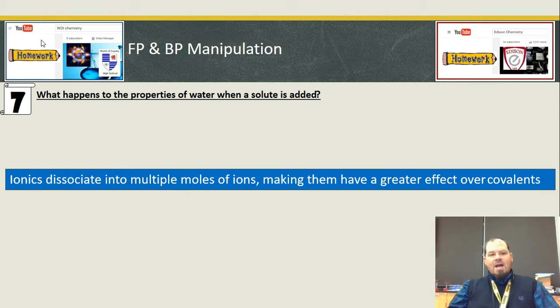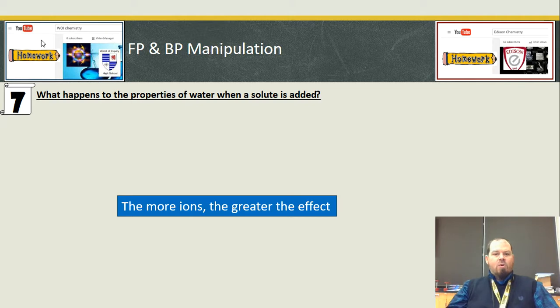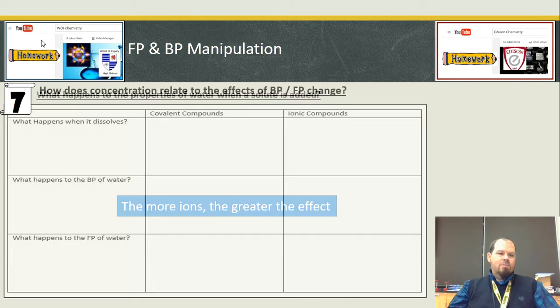But because the ionic will dissociate into two ions, I now have 2 moles of ions in solution. 2 moles of ions in solution is way more effective than 1 mole of molecules, simply because there is more. So ionics do a much better job. The more ions, the greater the effect. And so some of the part 2 type questions deal with ionics number 1 on Table F that will dissolve, and the one that has 3 ions will do even better than the one that has 2 ions.